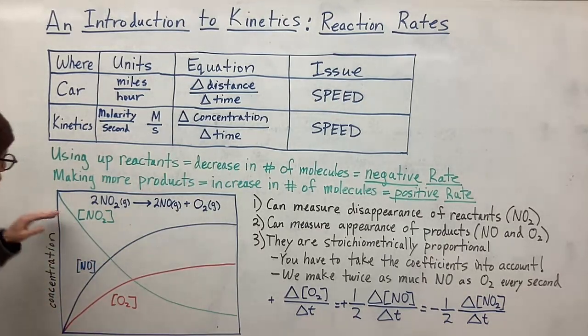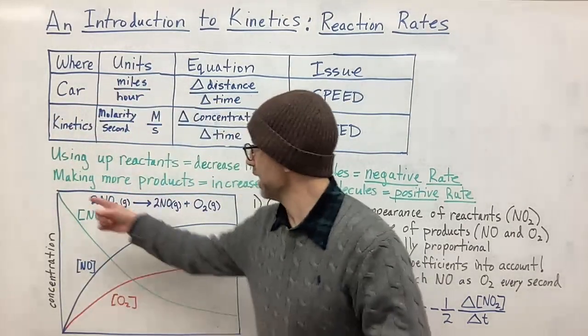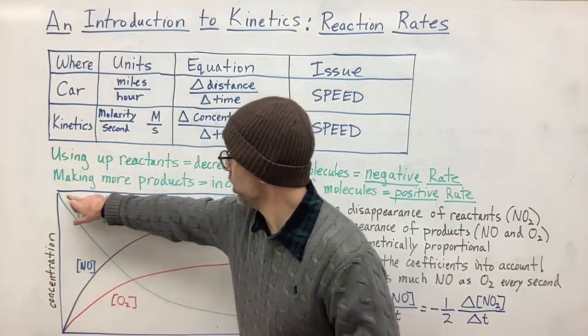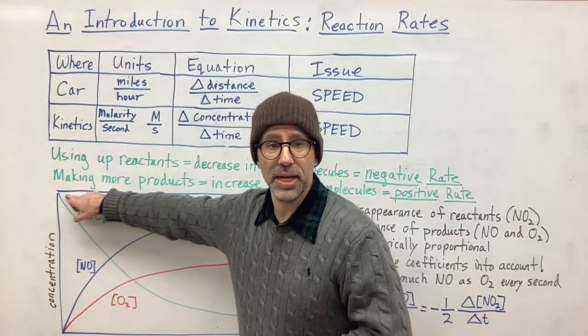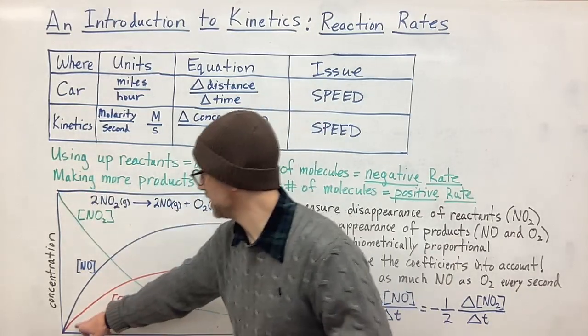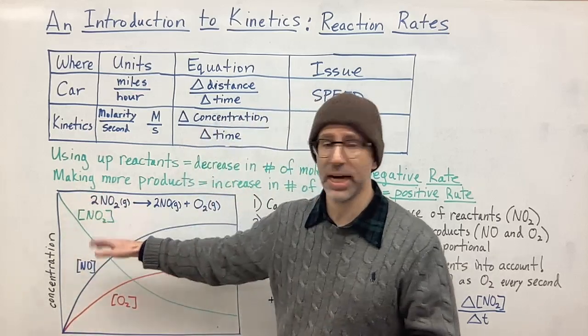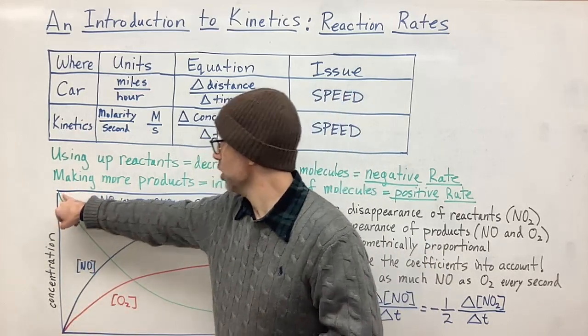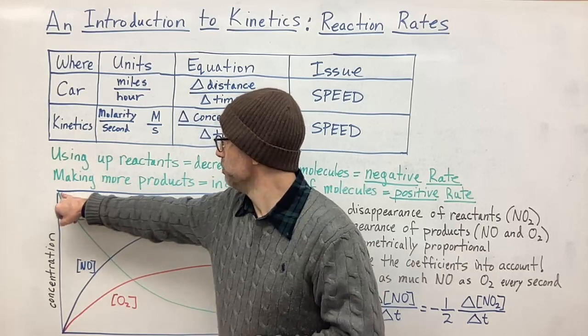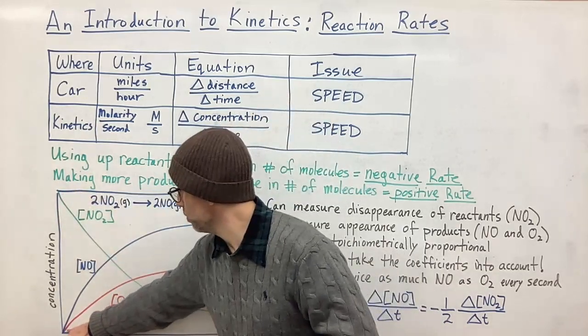And so here you can see we start with a certain amount of NO2 up here, and we start with zero product. So at the beginning of the reaction, all we have is reactant, and we have zero product.